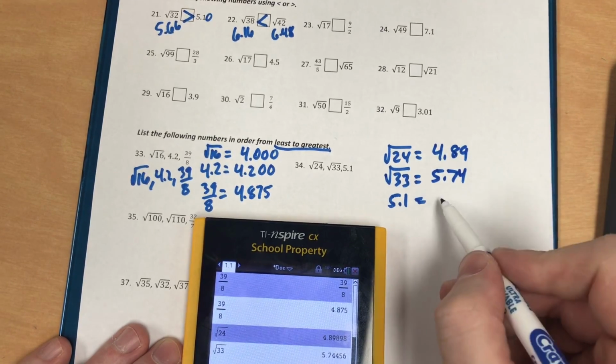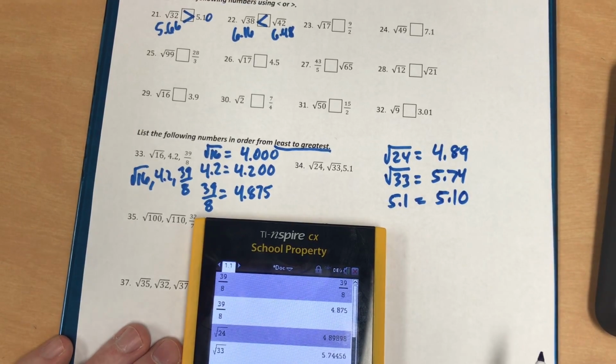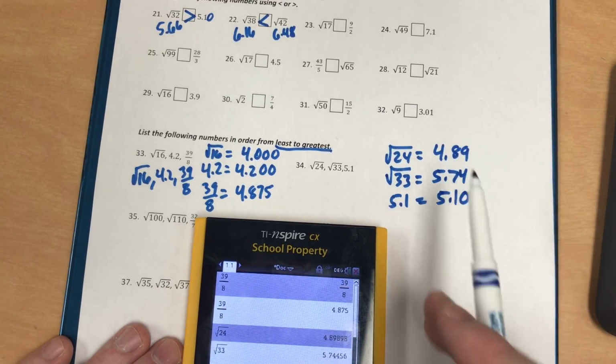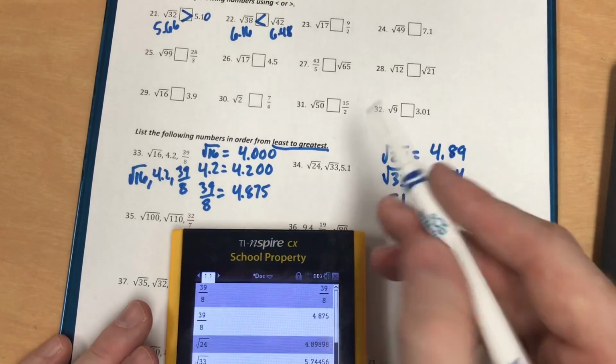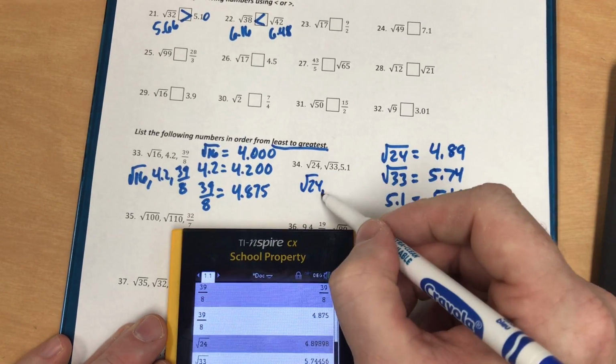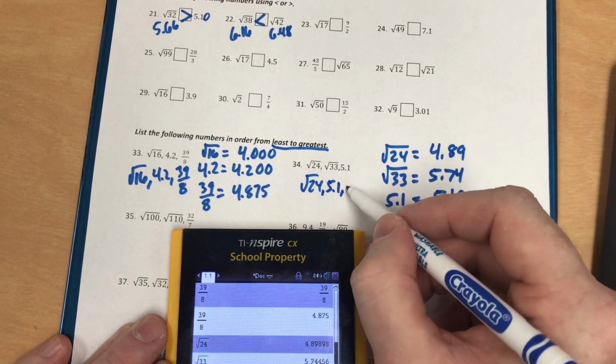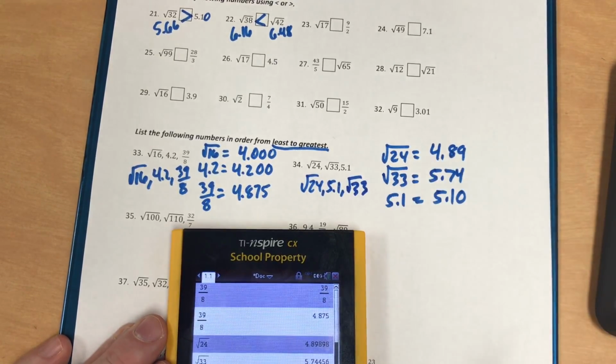And then 5.1 is already a decimal. I'm going to go ahead and add a 0 so they have the same number of decimal places. Least is the square root of 24. The next one is going to be 5.1. And then the greatest, 5.74, square root of 33.